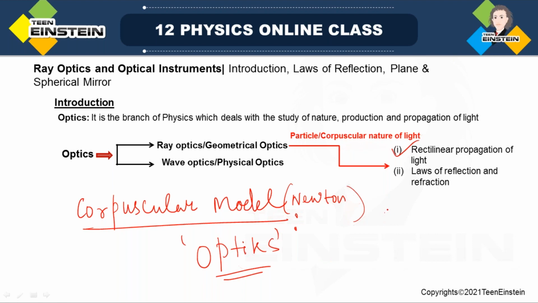His assumption was that light may be thought of as composed of particles like your classical objects. Classical objects are thought of as composed of tiny particles having energy.